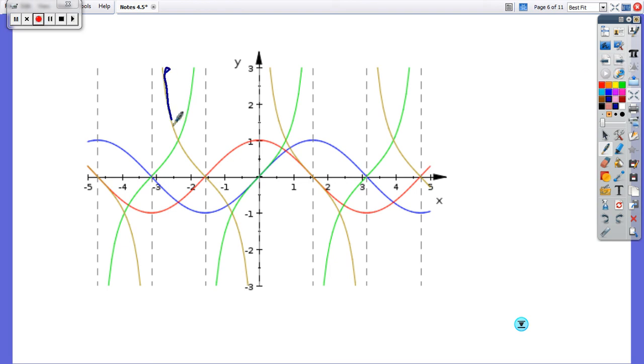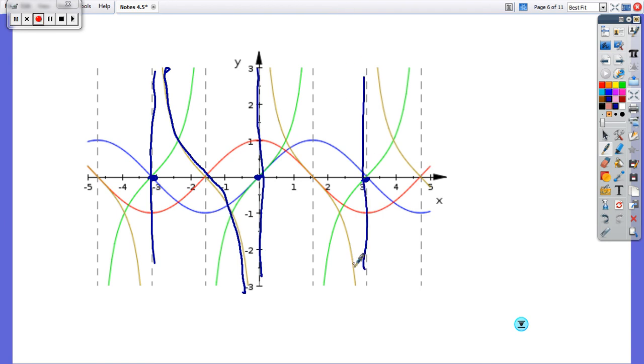This orange is cotangent, which is what we're talking about. You can see that wherever sine has a zero, so let's find the sine graph, it's blue, here, here, and here, we have asymptotes for cotangent.